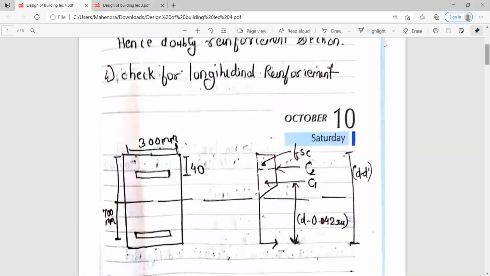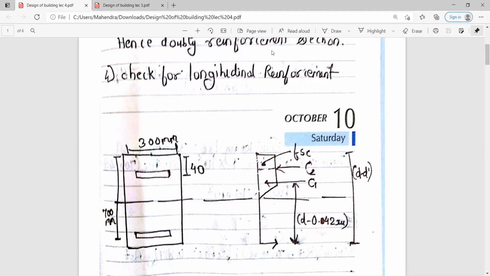For this, we are going to consider the doubly reinforced section. As you can see over here, the width provided is 300 mm, and the depth is total 700 mm. And this is your FSC. From here there will be C2, and this will be your C1. This is your total distance, that is D minus 0.42 XU, and this total distance is D minus D dash.